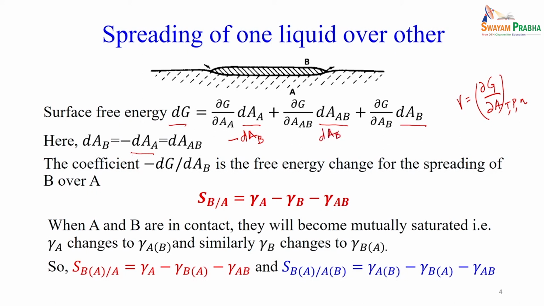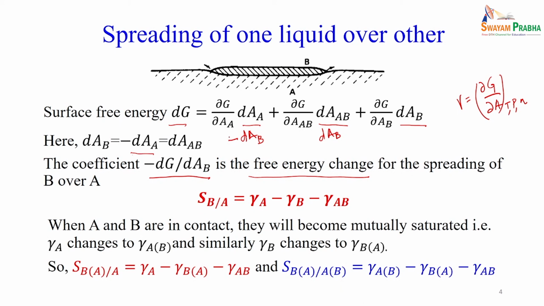So, let us consider the spreading coefficient, dG upon dAB, in terms of free energy change for the spreading of B over A.